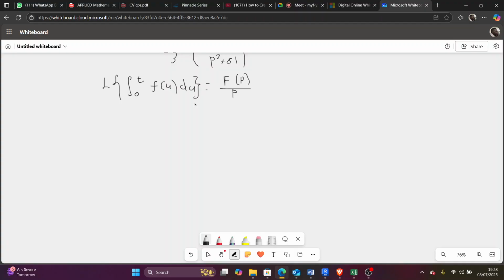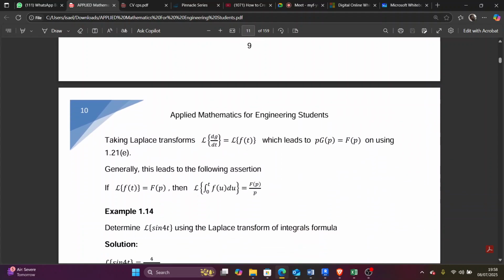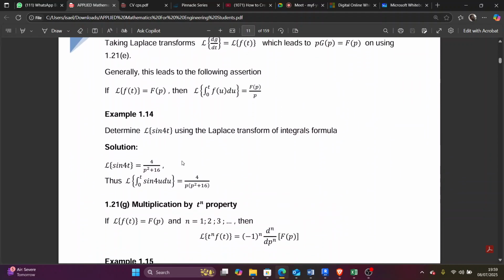How is the question being asked? Let me open one of the problems here. You are given whatever the function will be. That's what I said. If you are solving for the Laplace, please read the full question.